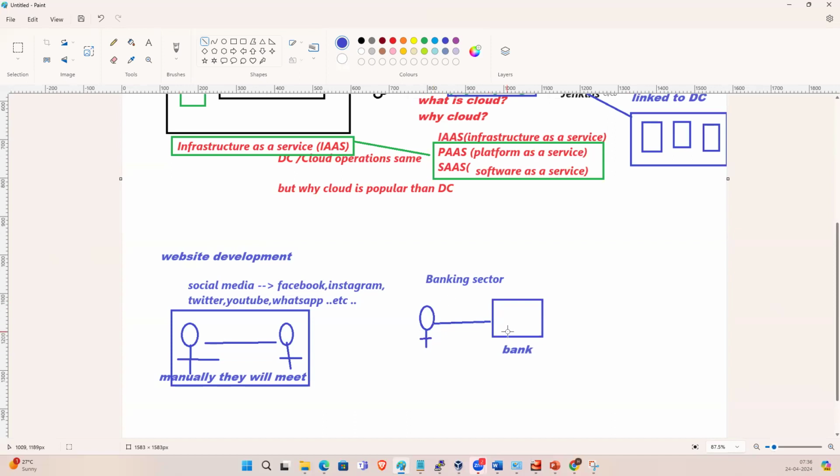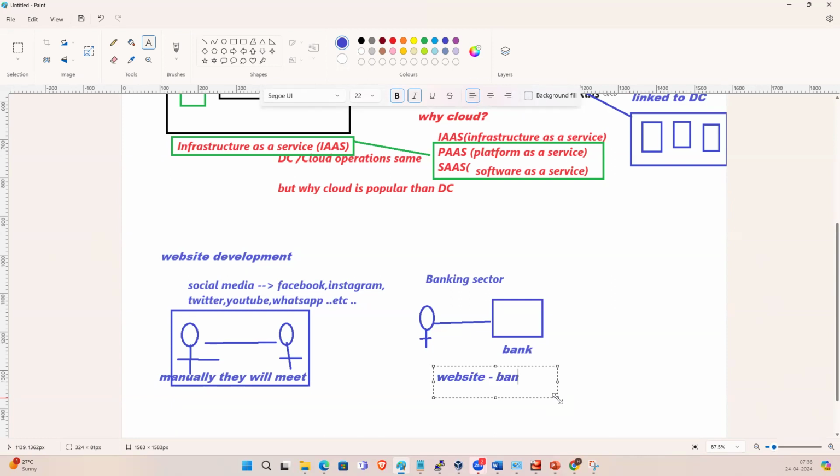Manually you needed to go to the bank, create an account and do the transactions. After they created a website for the bank, you no longer need to go to the bank. You can do anything from the website.